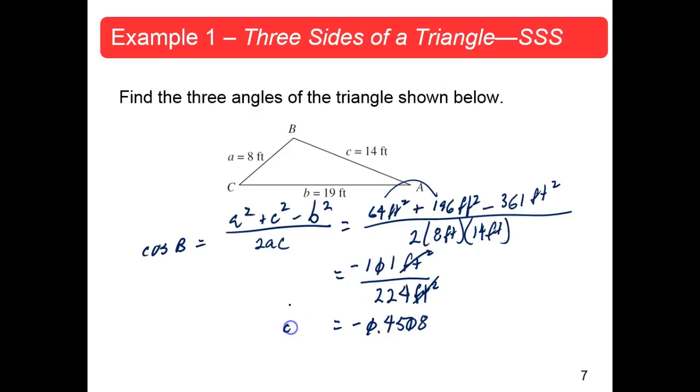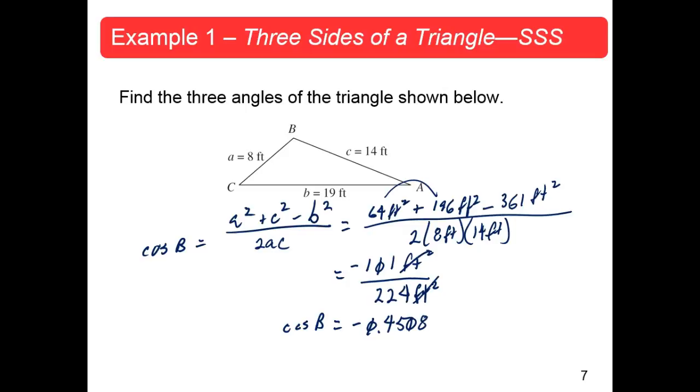Okay, and that's what cosine of B is. Now how do you get what B is? Arc cosine or inverse cosine, whichever your calculator says. 63.19 degrees.